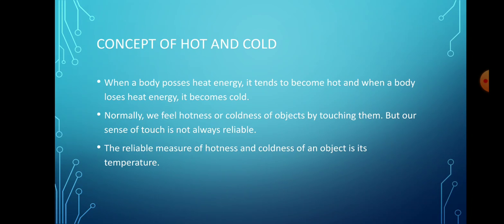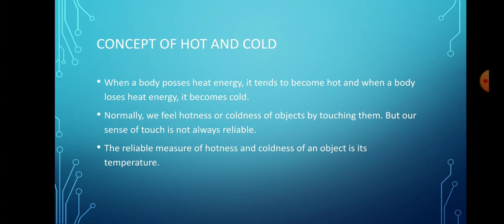Now, what do you understand by the term hot and cold? When a body possesses heat energy, it tends to become hot, and when a body loses heat energy, it becomes cold.